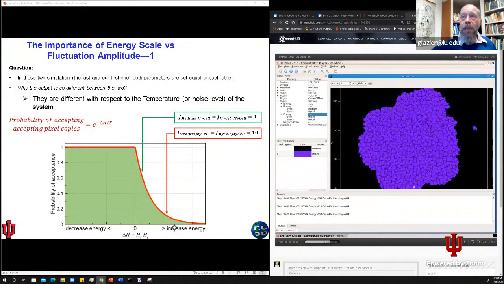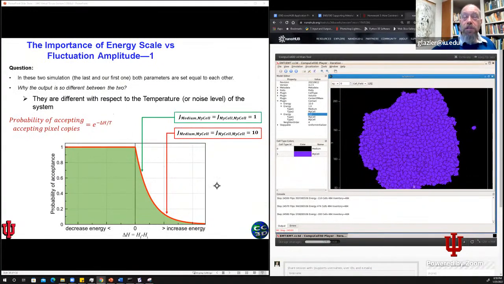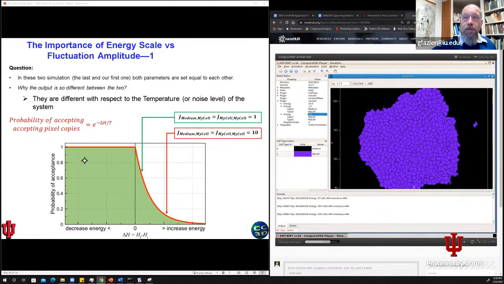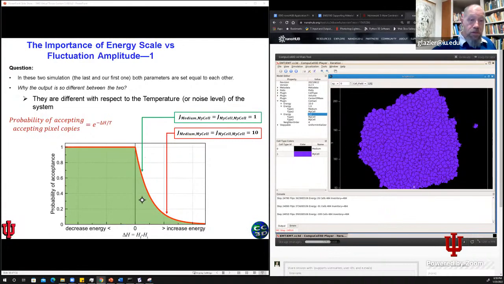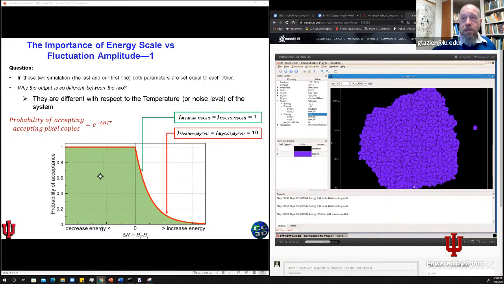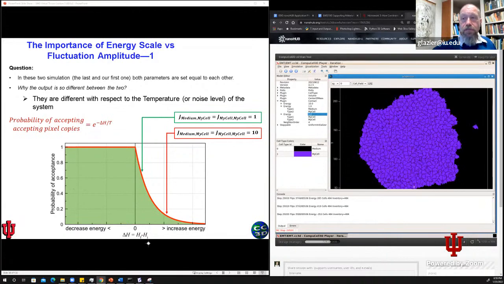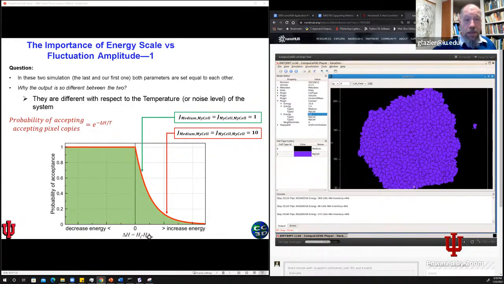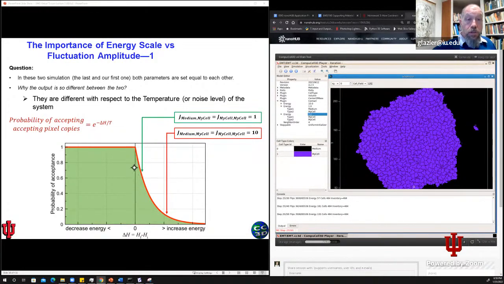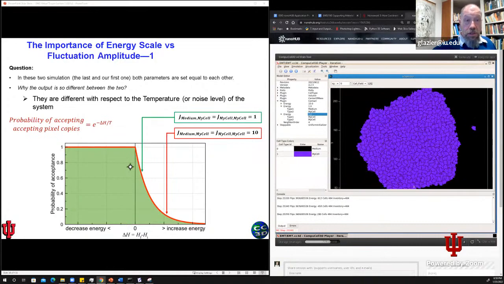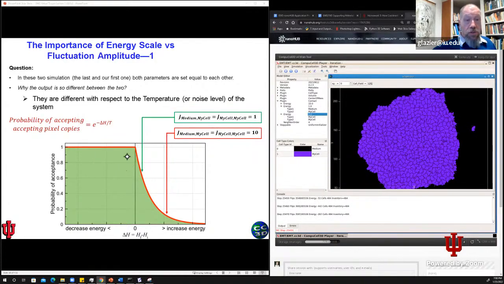Okay. So if we think about these simulations and why they're so different, this is what's called the acceptance function. This is a plot of the probability: if I make a change and the change reduces the pattern energy, I accept that change.